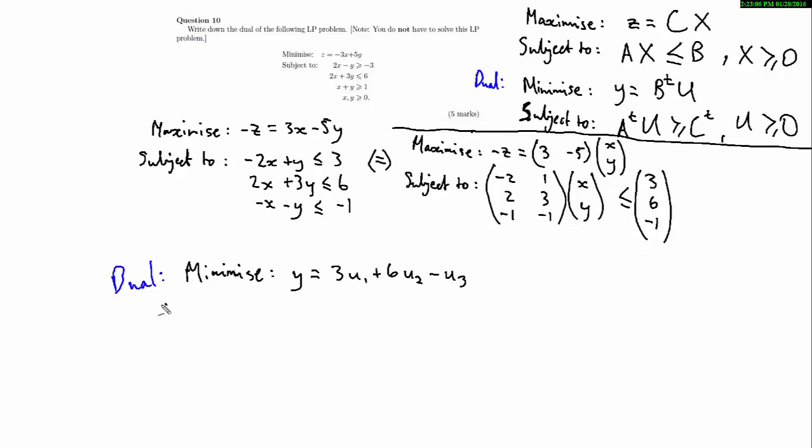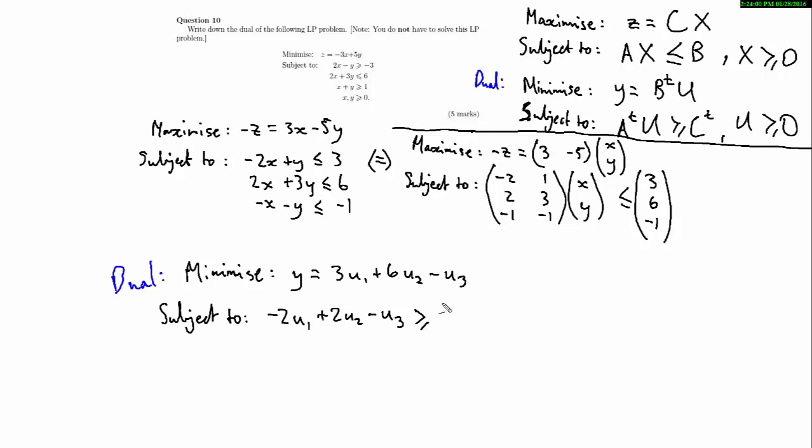Now we can give ourselves our constraints, and the coefficients of these constraints will come from the transpose of the original constraint coefficient matrix. So we'll write those out now. We firstly have -2 for the first constraint, multiplied by the first new variable, and then we have the second constraint coefficient here for the new variable, and then the third one here.